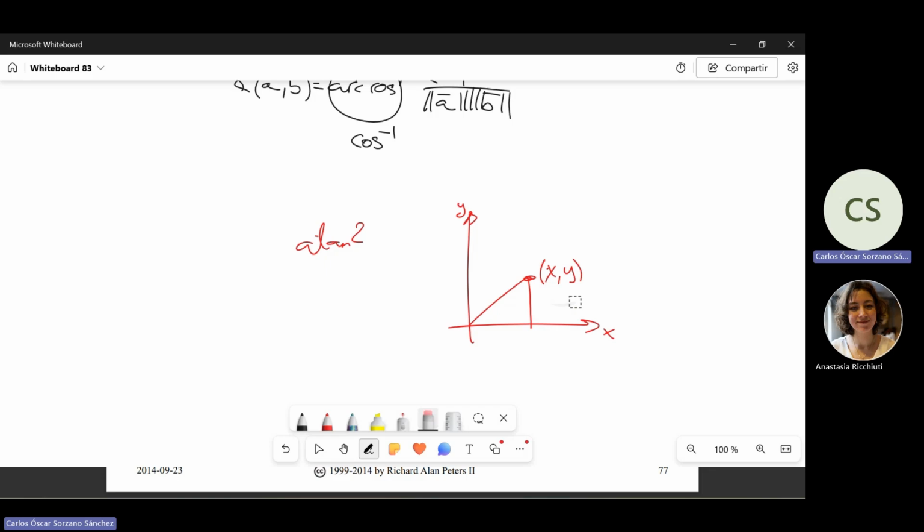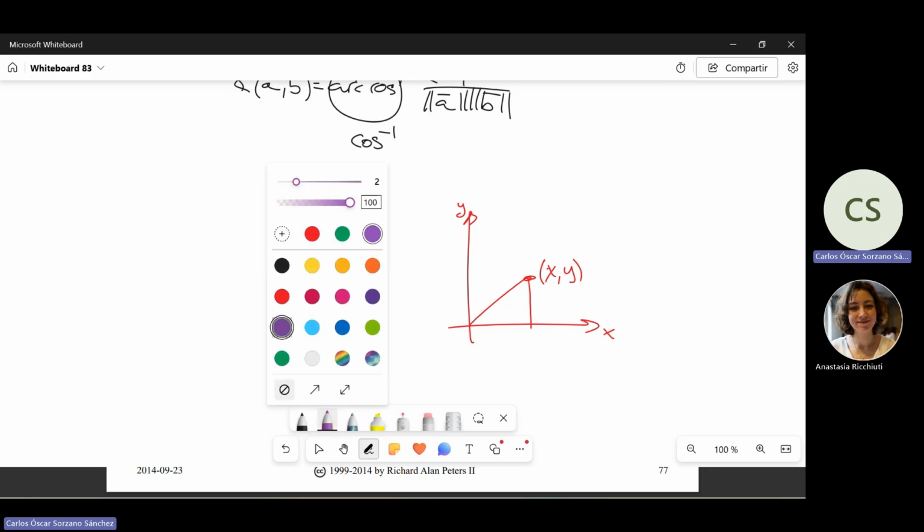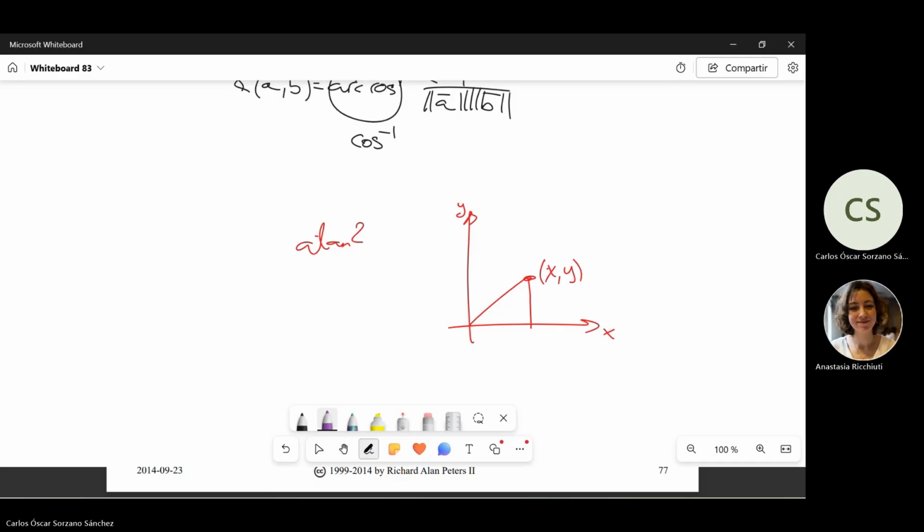Let's say that in polar coordinates, it is r and theta. We know that x is r cosine theta and y is r sine theta.